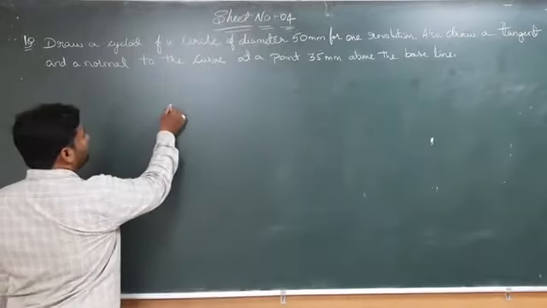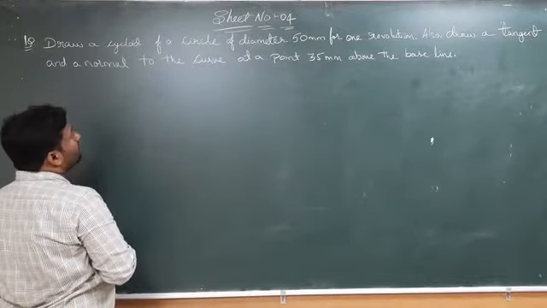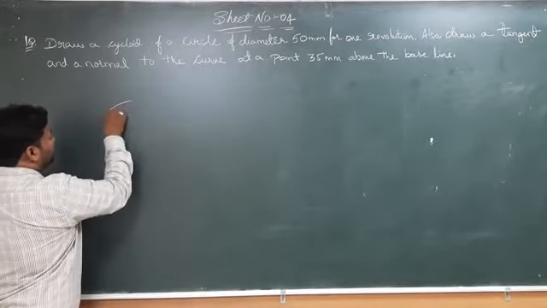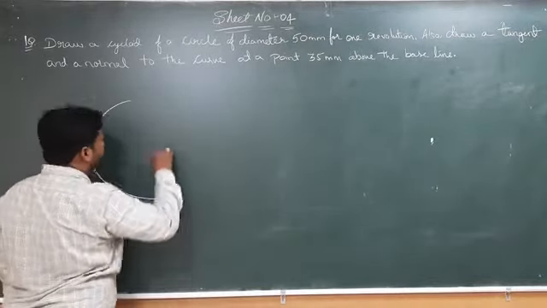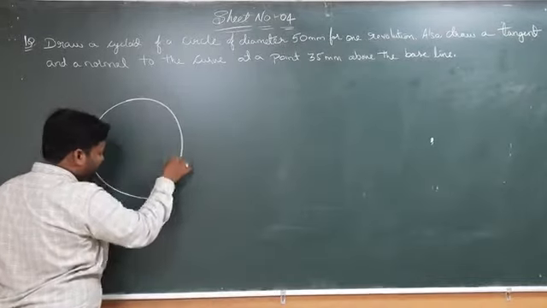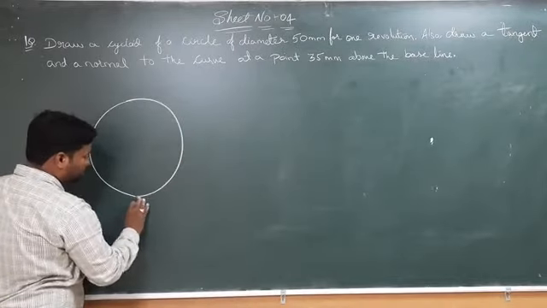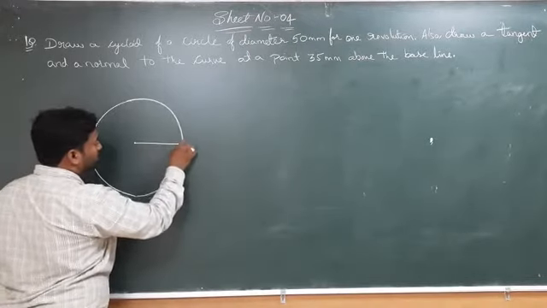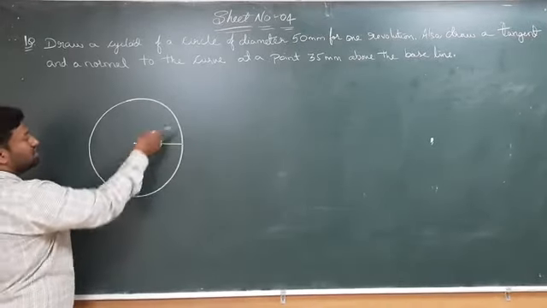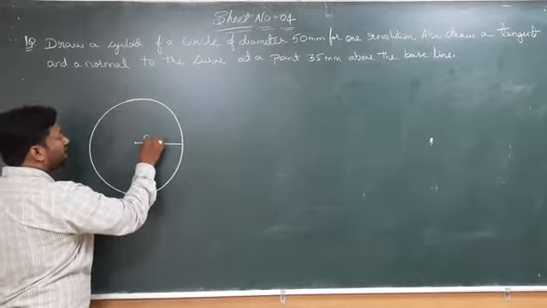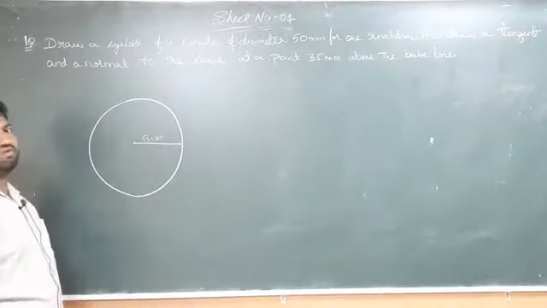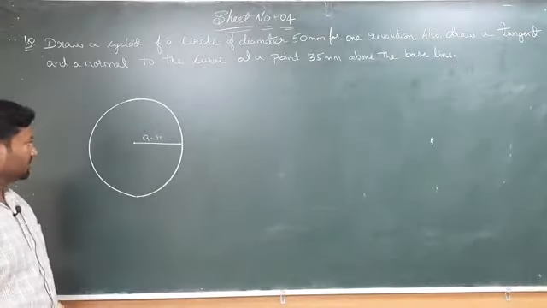The first thing is to draw the circle of diameter 50 mm. We can draw it by taking the radius as 25 mm. This is the center of the circle and the radius is equal to 25 mm, which is half of the diameter given in the question.